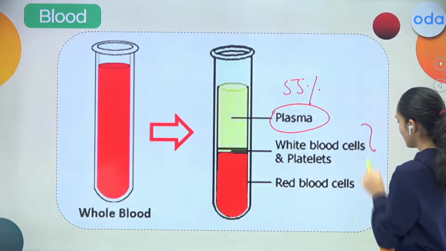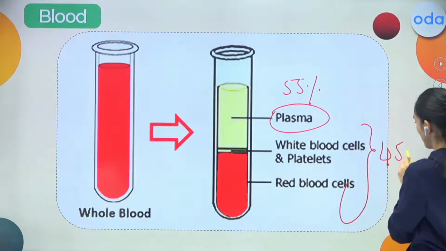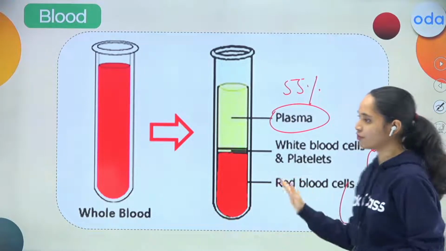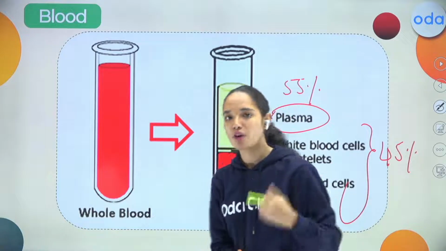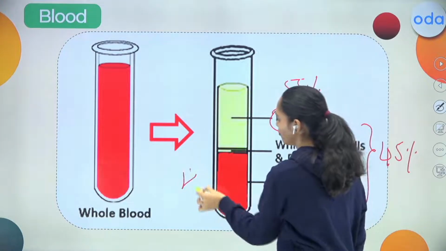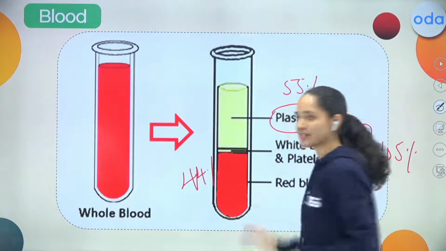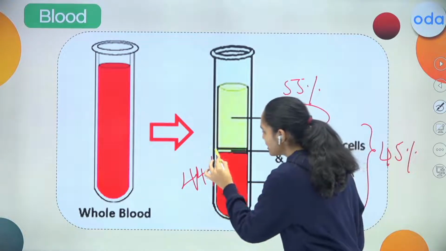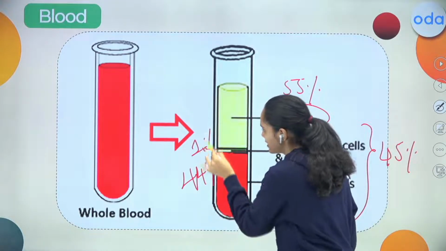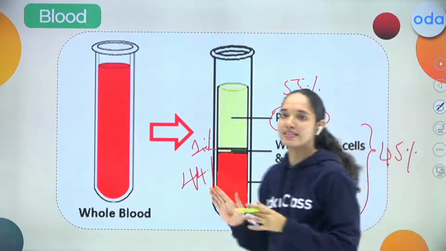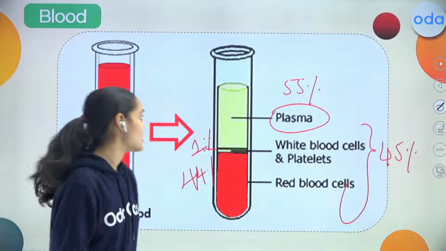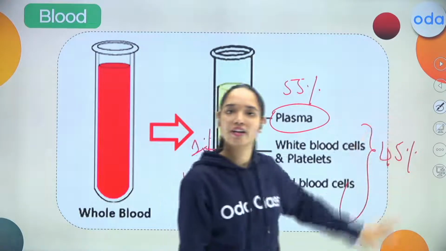Whereas 45% of our blood is made up of the formed elements. Out of this 45, 44% is our red blood cells, and the 1% is made up of our white blood cells and platelets. So this is the composition of our blood.